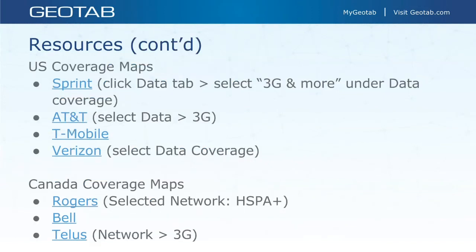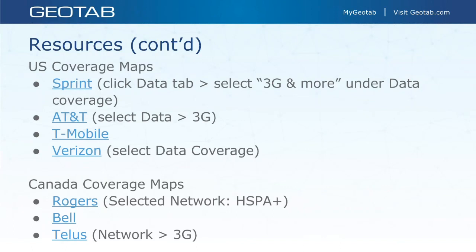The second page of resources here is just looking at different coverage maps for different carriers, both in the US, for which we have Sprint, AT&T, T-Mobile, and Verizon, and for our friends in Canada, Rogers, Bell, and Telus. There are some additional instructions here because right now Go devices operate on the 3G network.